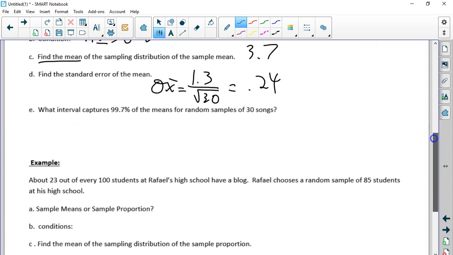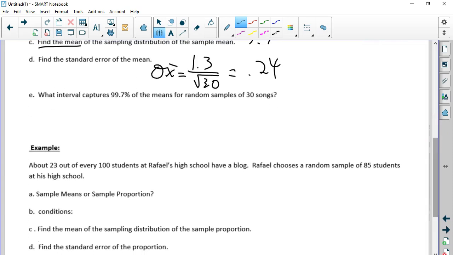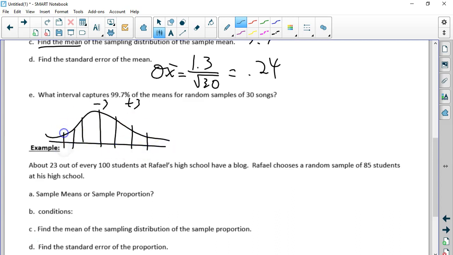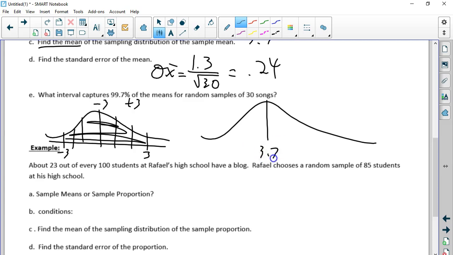Now, what interval captures 99.7%? Remember, that's from -3 to +3 on our normal distribution. That's a horrible drawing. So here's -3 and here's +3. 99.7 is that area right there. So, that's a better one, we put in the middle 3.7. So we found out that was our mean. And then we're going to add 0.24.